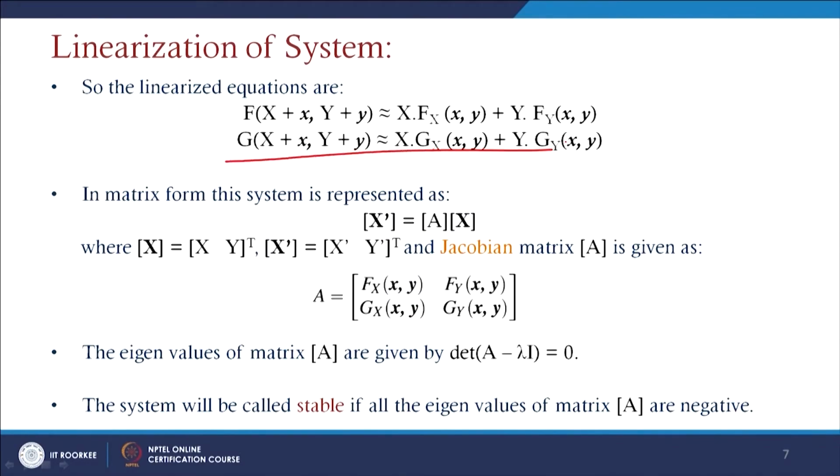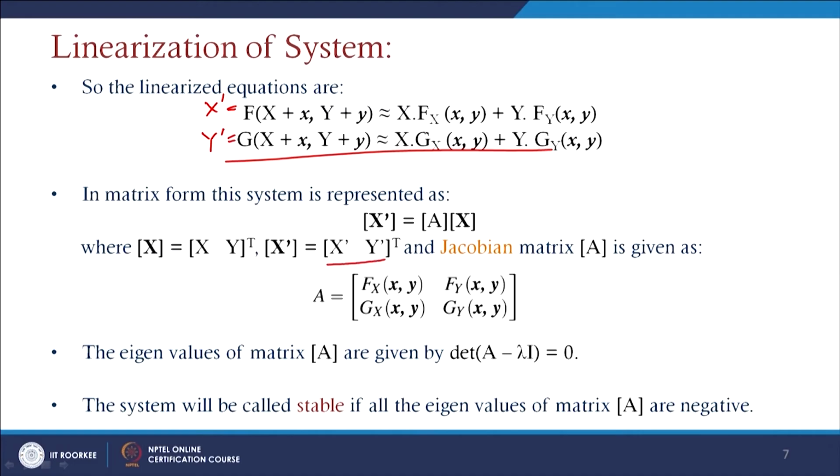And in a matrix form, if you just write here, this is nothing but what we have just written there, as x dash and y dash. So that is why this x dash and y dash we can just write as x prime here.